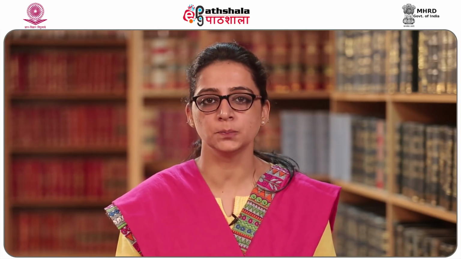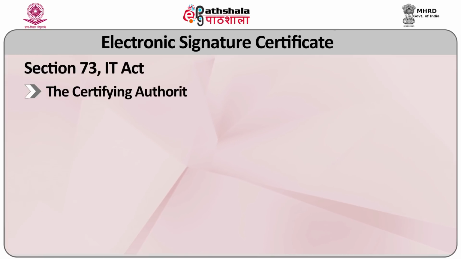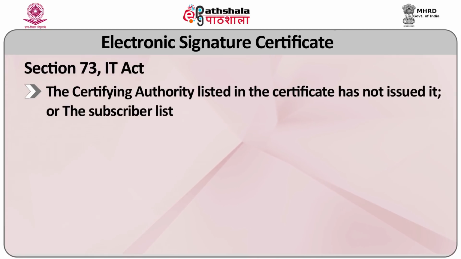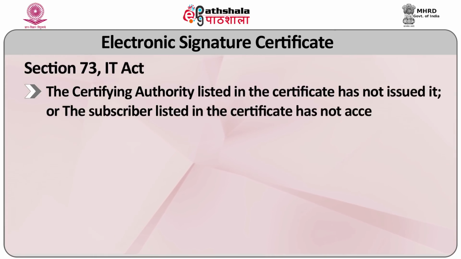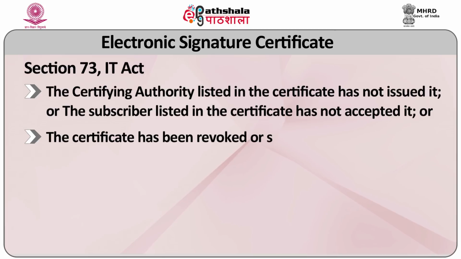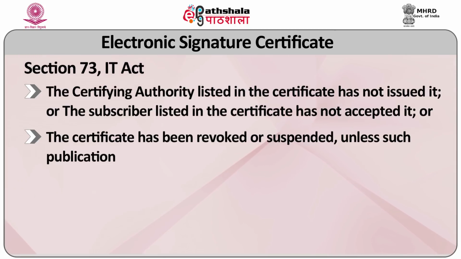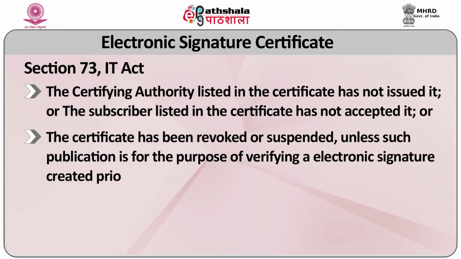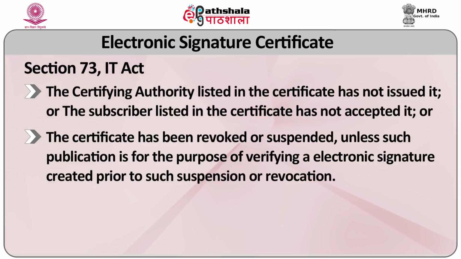It states that no person shall publish an electronic signature certificate or otherwise make it available to any other person with the knowledge that firstly, the certifying authority listed in the certificate has not issued it, or secondly, the subscriber listed in the certificate has not accepted it, or thirdly, the certificate has been revoked or suspended, unless such publication is for the purpose of verifying an electronic signature created prior to such suspension or revocation.